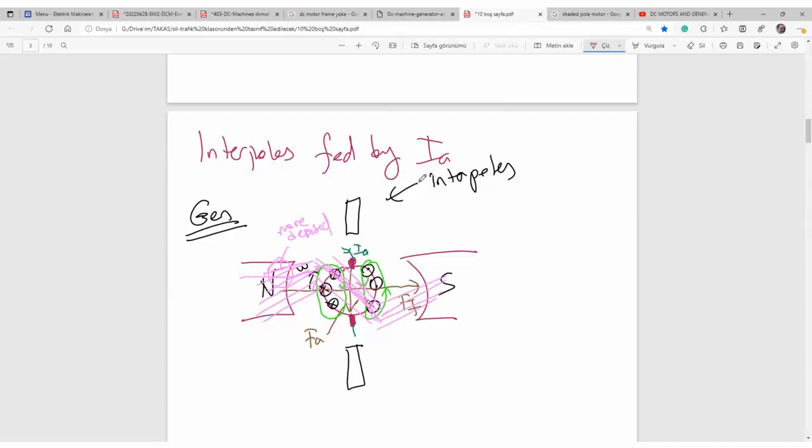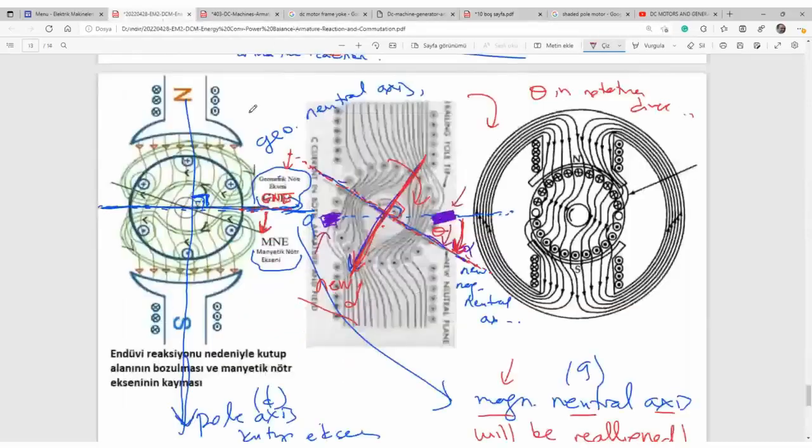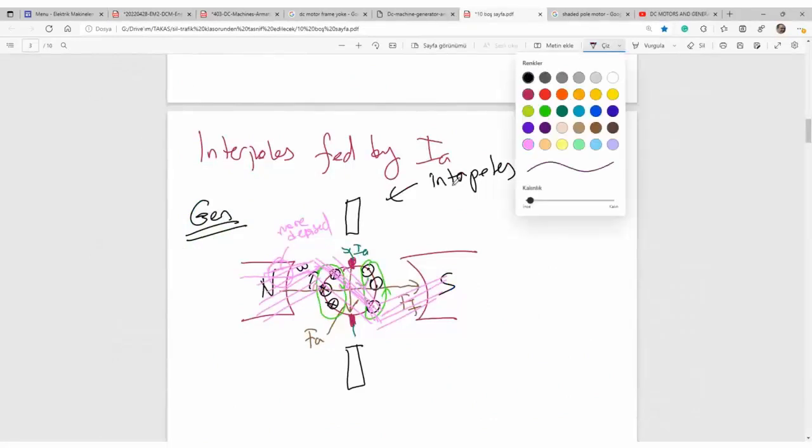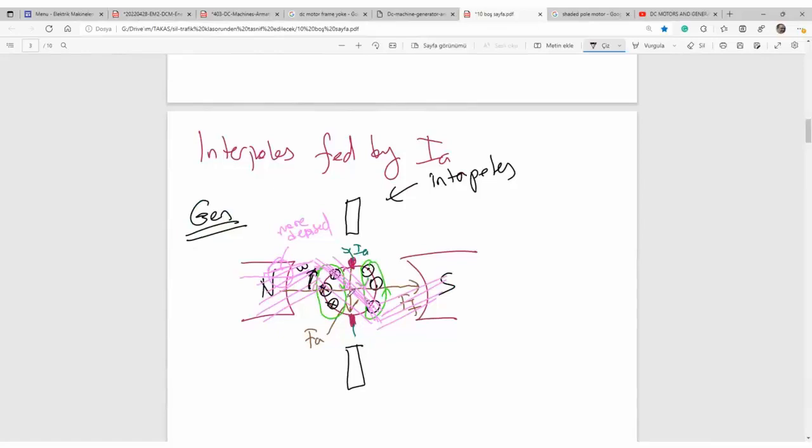So it was here. The new magnetic axis will be distorted, will be changed. It is in a leading position in the rotation direction. That was the rotation direction. Let me show you. And that is the new magnetically neutral axis.